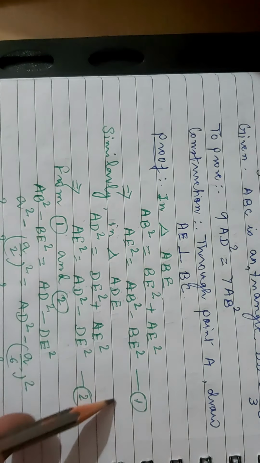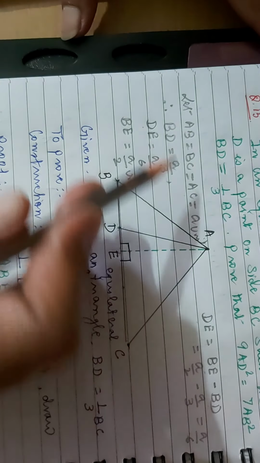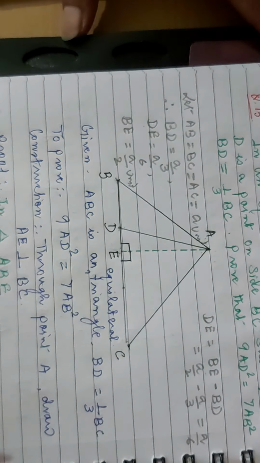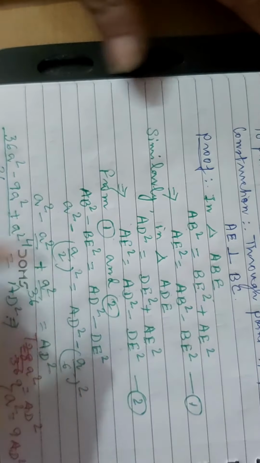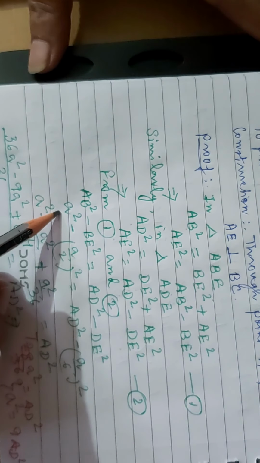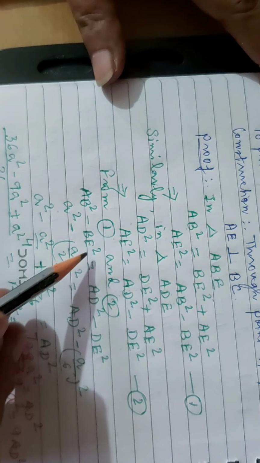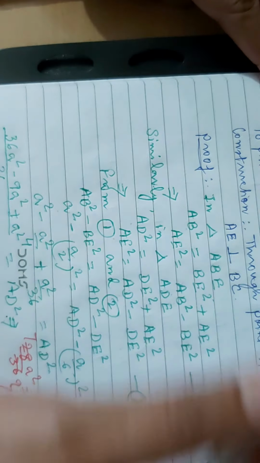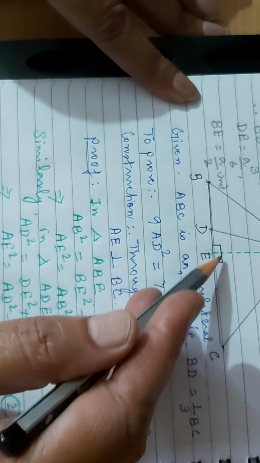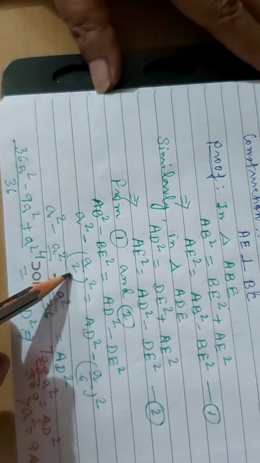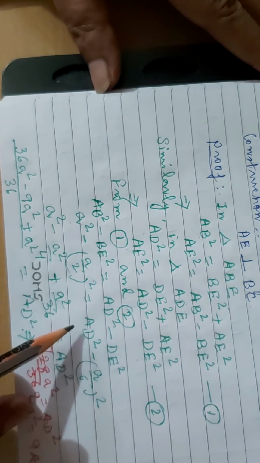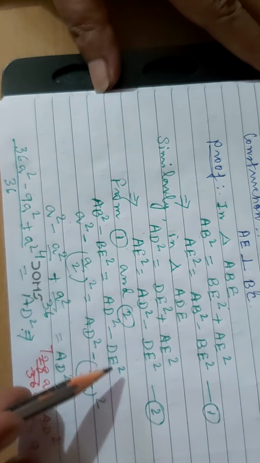Now AB is already A units, so in place of AB, A square. BE is A by 2, so A square minus A by 2 whole square, and AD square as it is, minus DE square.